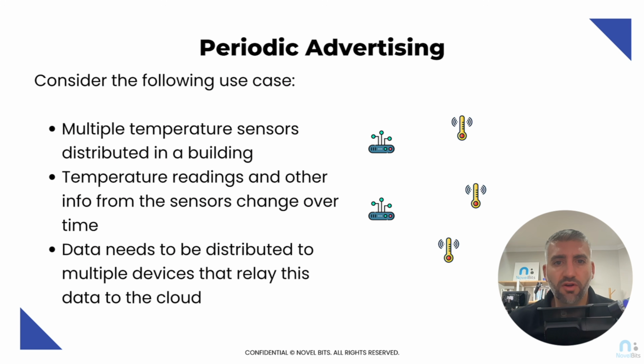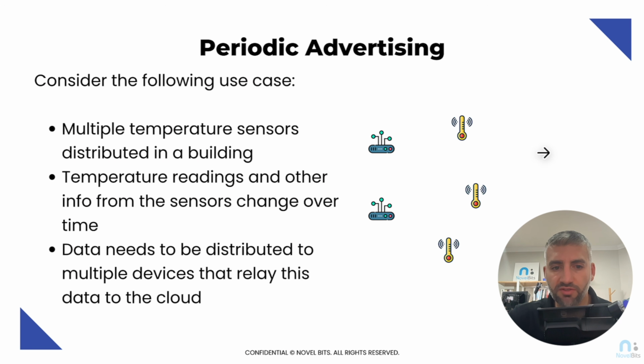All right, let's talk about periodic advertising. So I wanted to start with a simple example, a hypothetical example. So let's say we have a number of temperature sensors that are distributed in a building, and we have those sensors sending out temperature readings and information, and this information and these temperature readings are changing over time.